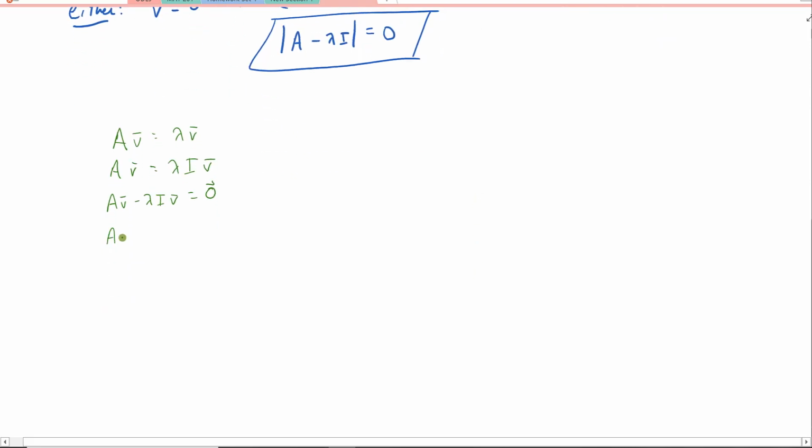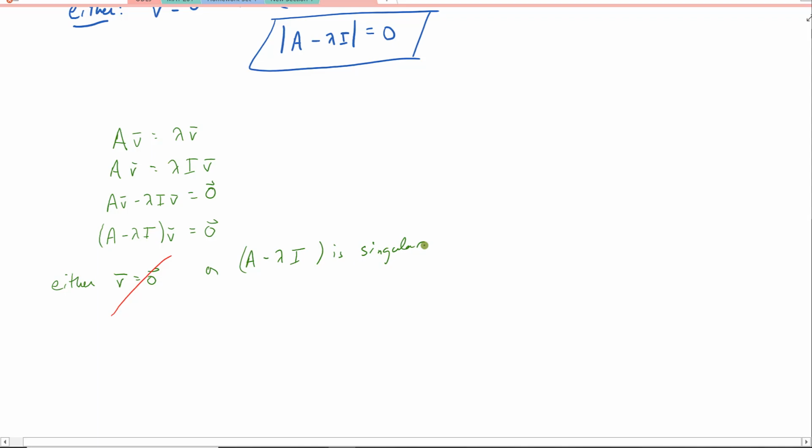Then I can go ahead and factor out the vector v from this expression, and this happens in two cases. Either vector v is equal to the 0 vector, which in that case it's technically not an eigenvector, and we don't want to consider that trivial case, or A minus lambda I is singular.